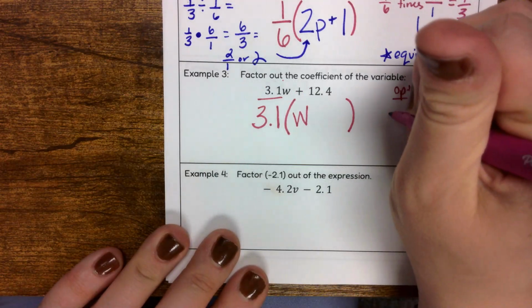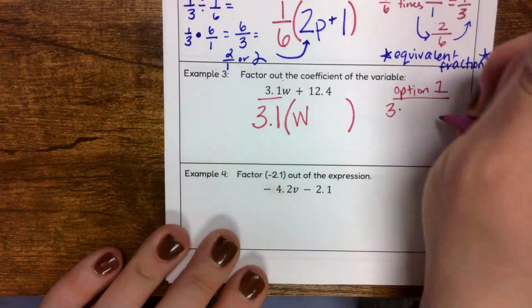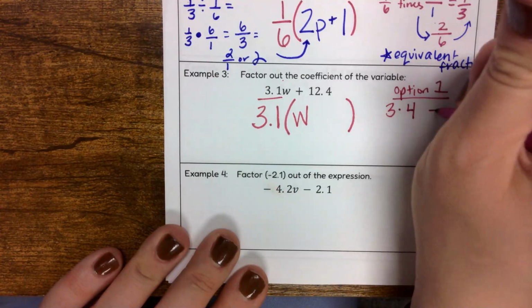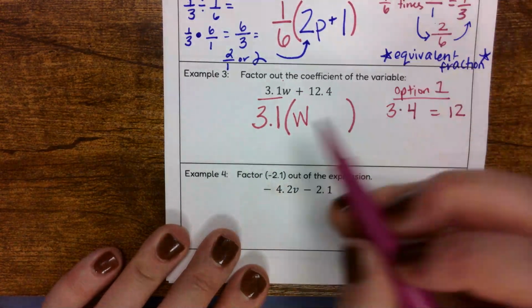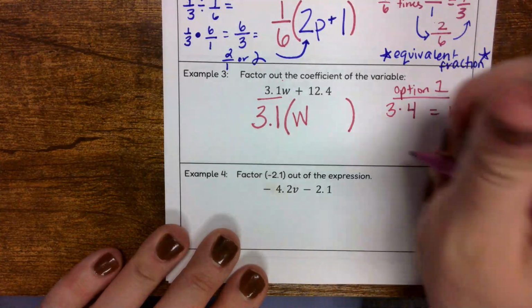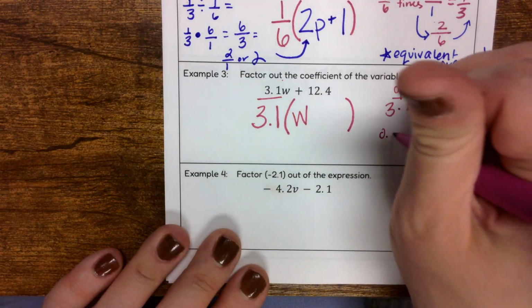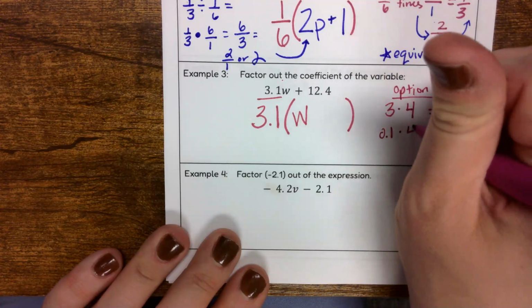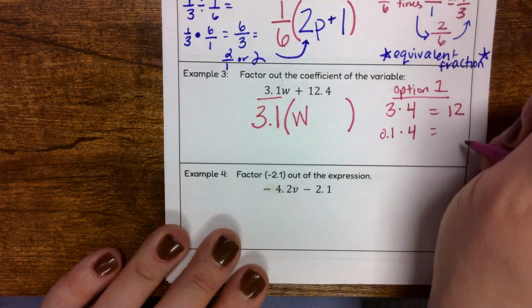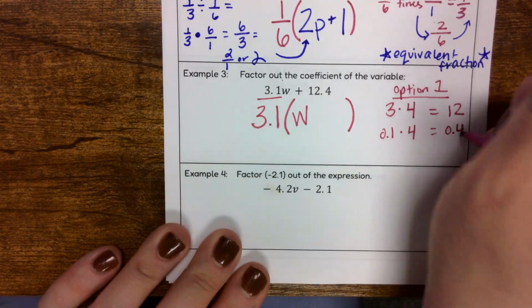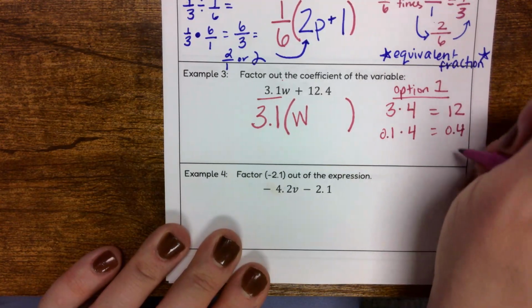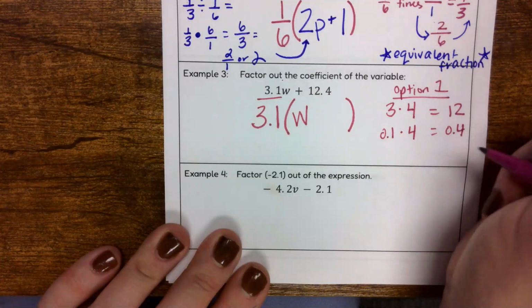Okay, I know that 3 times 4 gives me 12. And so those are my whole numbers. I wonder if I can do 0.1 times 4. I can also multiply that before, and that would get me 0.4. And so if I added those together, that would be 12.4.